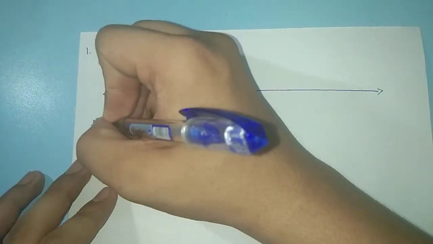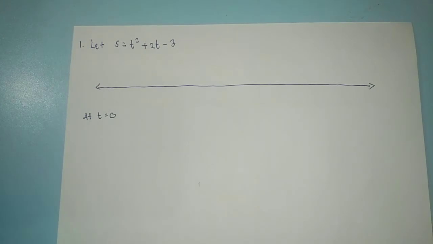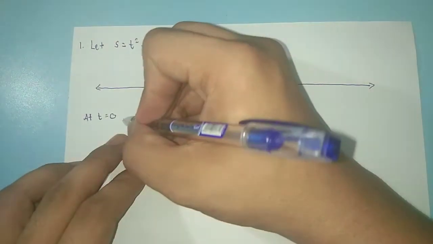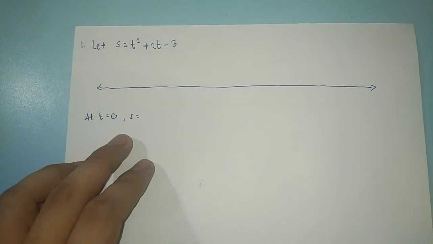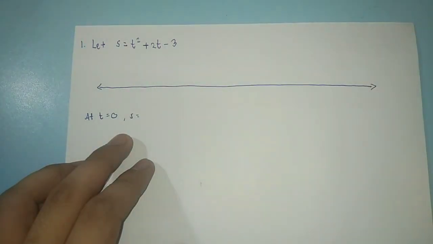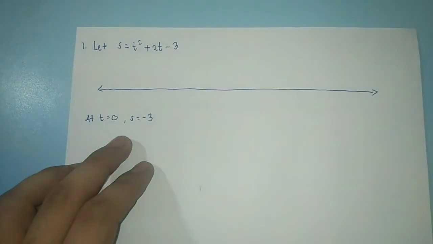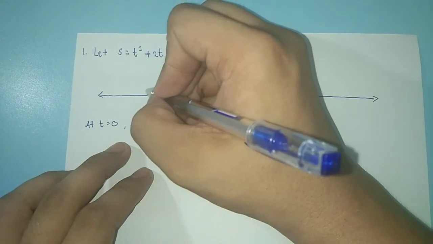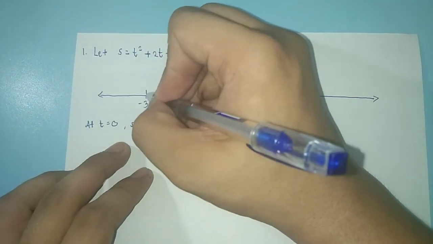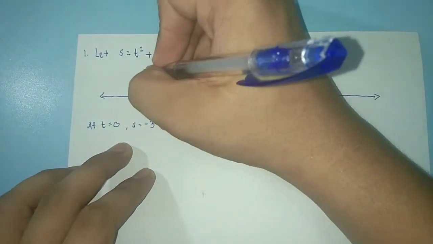At t equals 0, substitute t into our s, so that will be negative 3. So our s is negative 3. Let's say this is negative 3, the point at t equals 0.